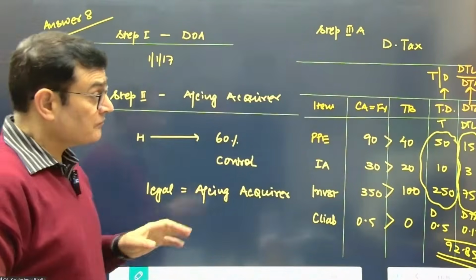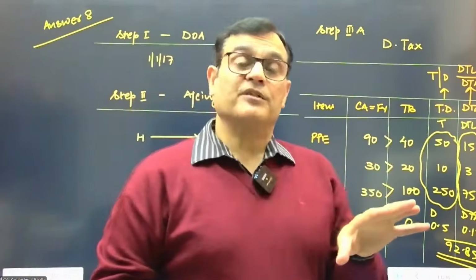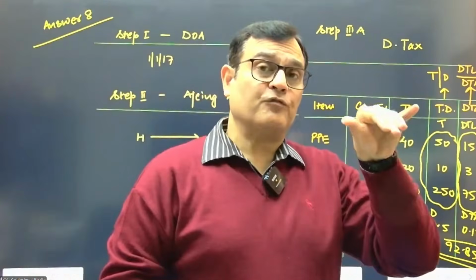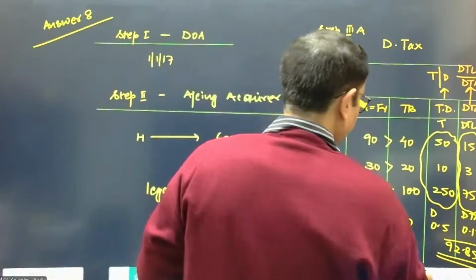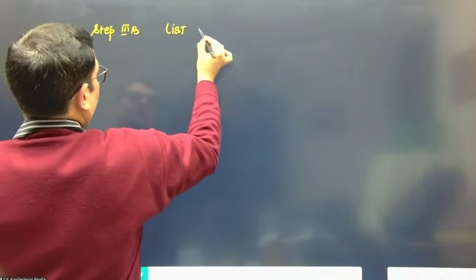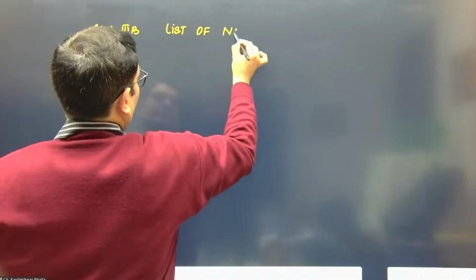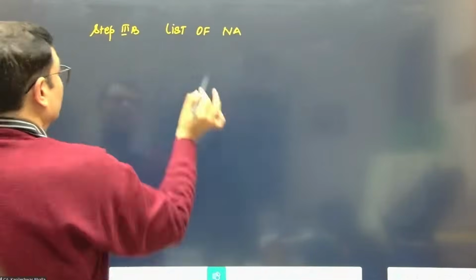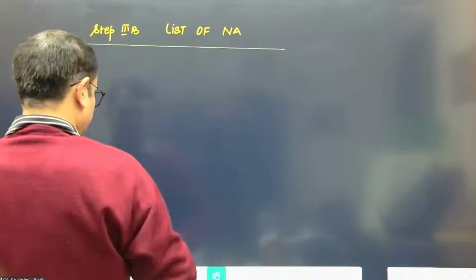Okay. Now coming to the inputs in terms of step number 3B, we need to get a list of all the net assets at the fair value. So again, we'll have to go back to the balance sheet to pick up all the net assets.